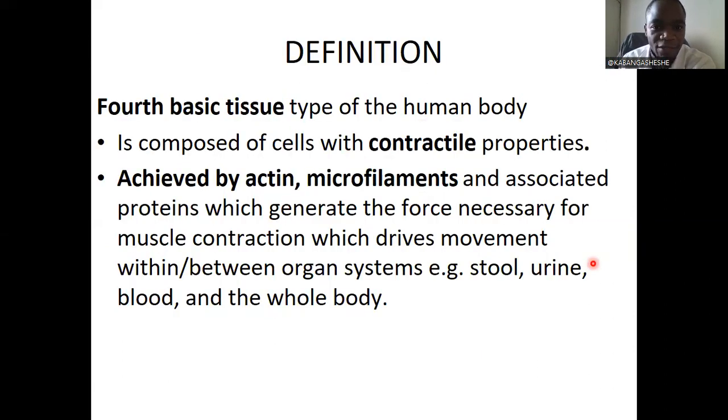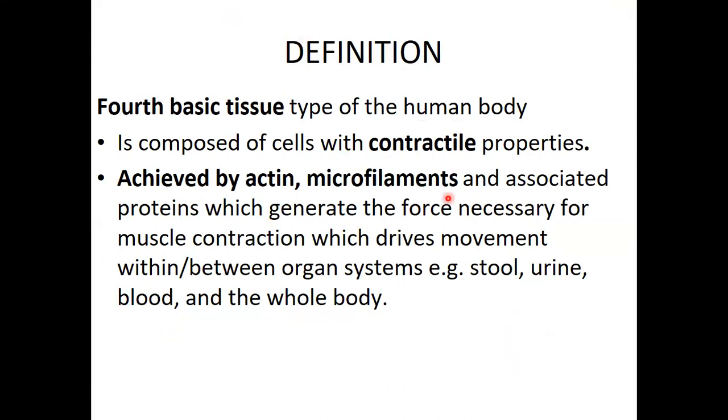So definition, we're saying muscles are contractile tissues in the body. This is the only tissue in the body that has the property to contract and relax. And because of their contraction and relaxation, muscles produce movement. They have that ability because these cells are specialized in such a sense that their cytoplasm has special proteins known as actin and myosin. Actin, we call thin filaments.